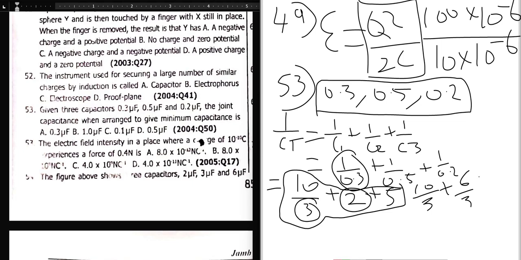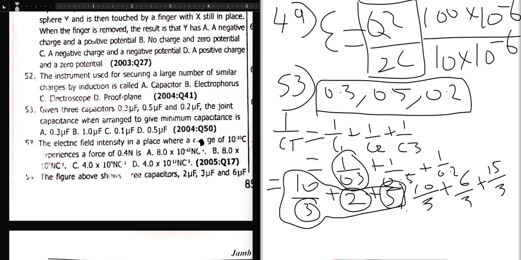Don't forget. Then plus, what will now be this 5? 5 will now be 15 over 3. Remember, we are changing them to this form so that we can add everything together. 15 over 3 is the same thing as 5. Don't forget.